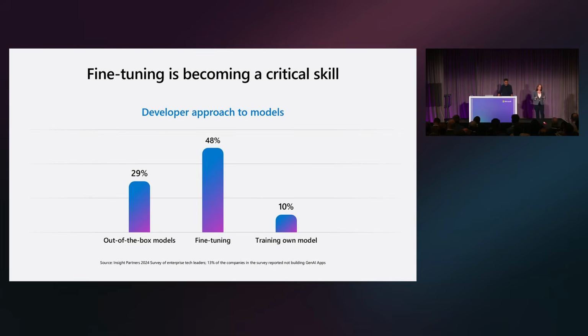Fine-tuning lets you take your business information, your domain expertise, your tools, your use case, and infuse that into the model. So you kind of get the best of both worlds. You get your frontier class model with your knowledge and improved accuracy. So it's really focused on the task at hand. And what we've seen is, as more and more people have realized this, we have more and more people fine-tuning.